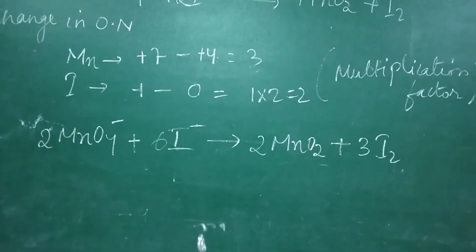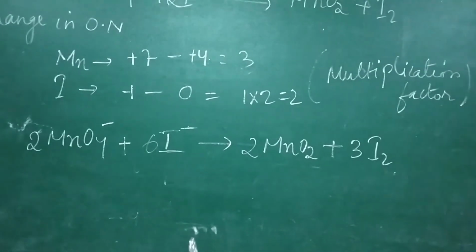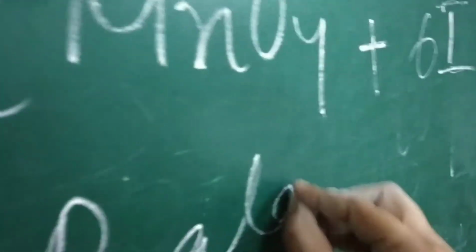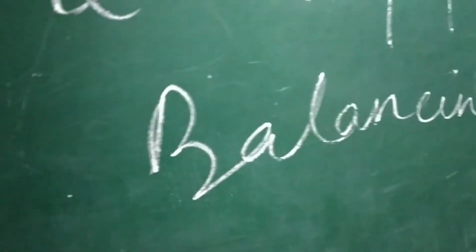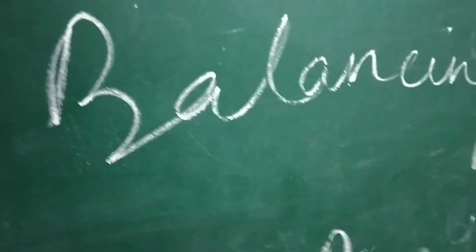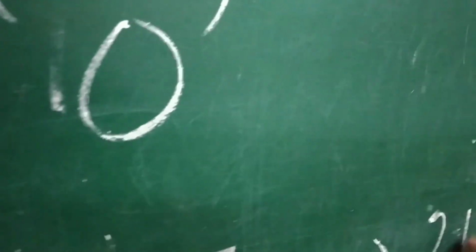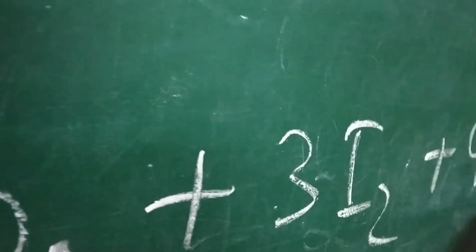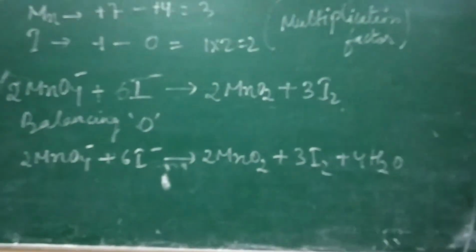So we need 4 water molecules on the product side. So we write 2MnO4 minus plus 6I minus, giving 2MnO2 plus 3I2 plus 4H2O.